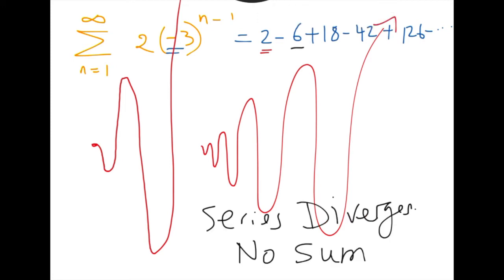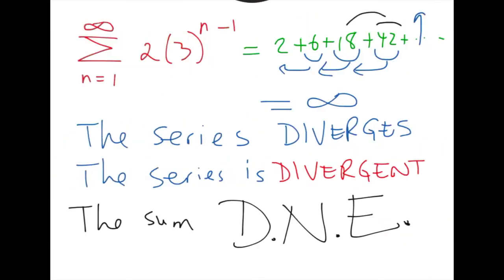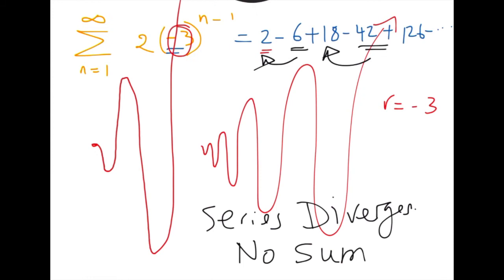Because again, the next number is always bigger than the previous number if you just think about the absolute values. So here is the hint. Here I have the common ratio equal to -3. In the previous example, we have the common ratio equal to 3. Anytime you see the absolute value of the common ratio bigger than 1, you will have a divergence.